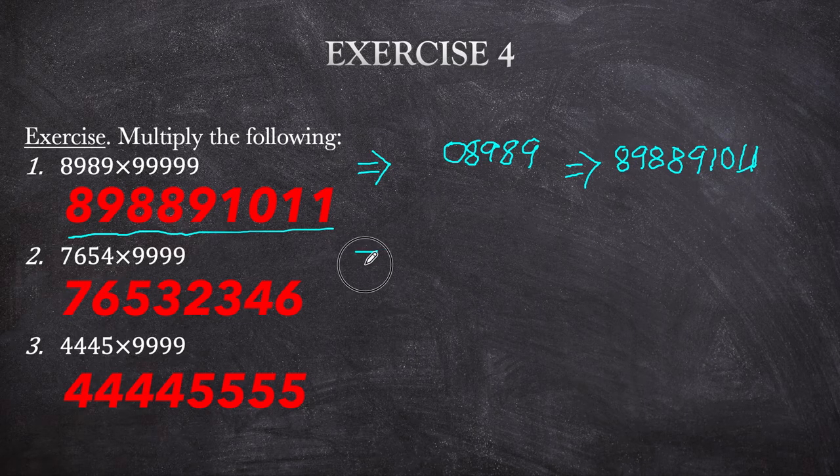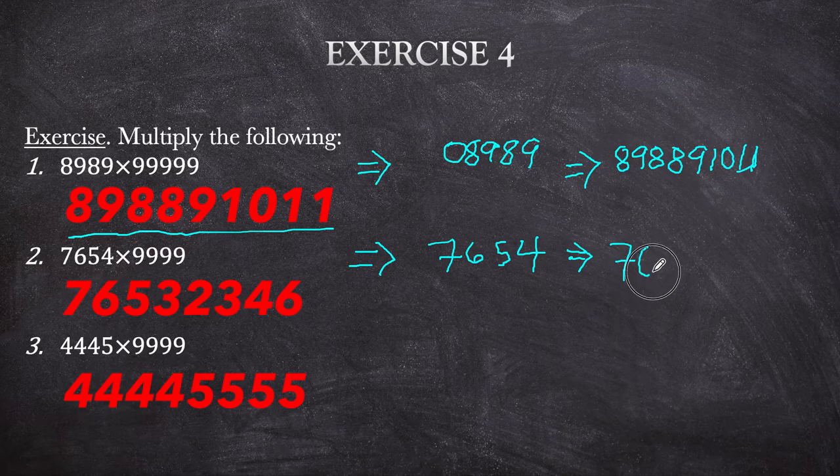Number two, the number of digits is equal to the number of 9s, so therefore we do it as it is. 7654. So by one less than the one before, 7653. And then the Nikhilam Sutra, all from 9 and the last from 10.